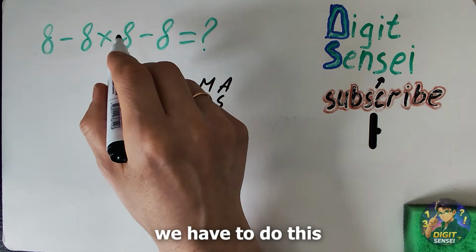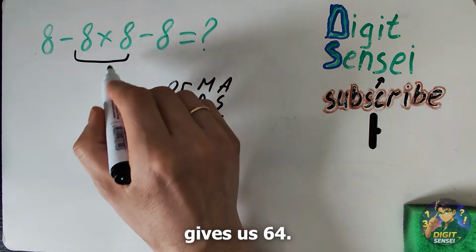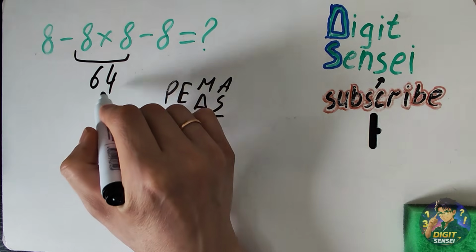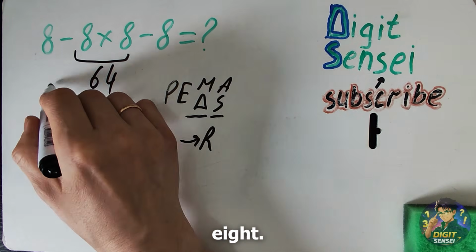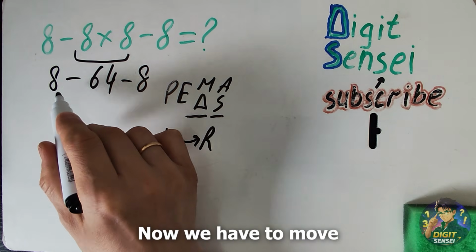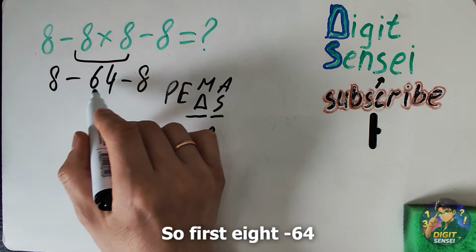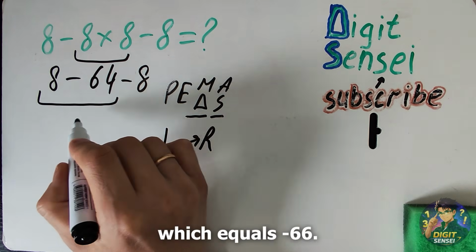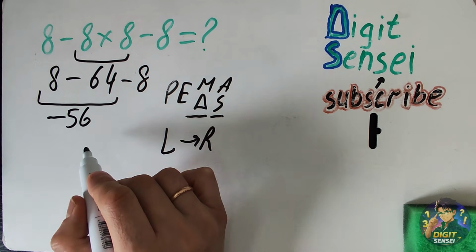So first we have to do this multiplication. 8 times 8 gives us 64. So we have 8 minus 64 minus 8. Now we have to go from left to right. So first 8 minus 64, which equals negative 56.